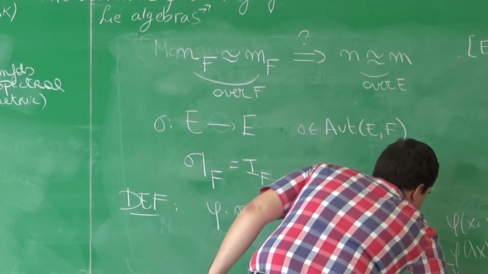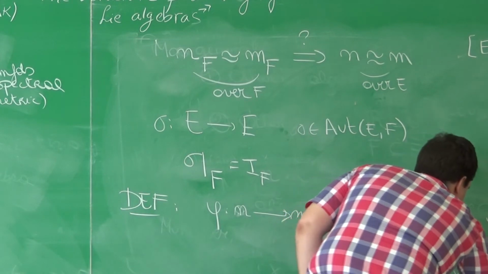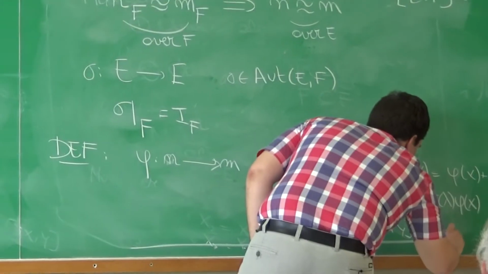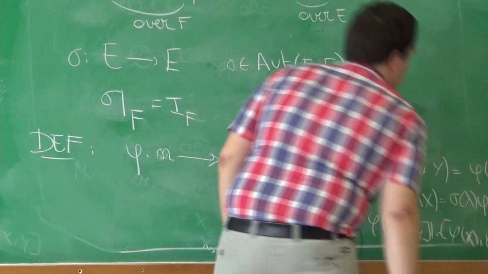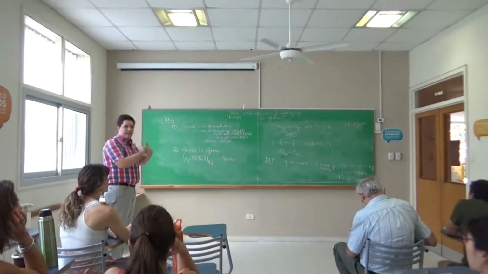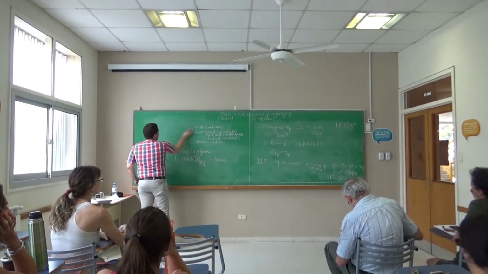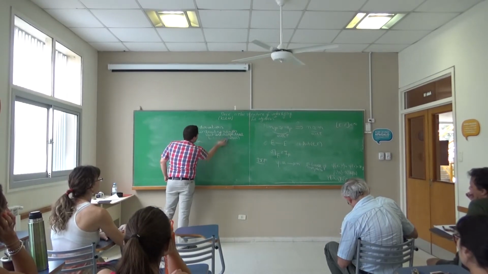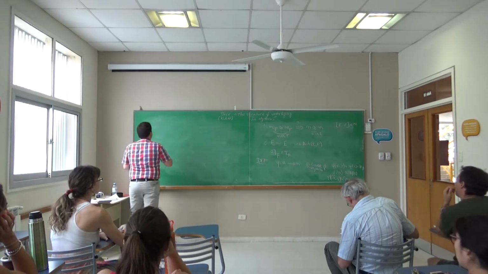So phi of the bracket of x and y is the bracket of phi of x and phi of y. It behaves entirely like a Lie algebra morphism, except that it's not linear, it's sigma linear. And then you can also talk about sigma isomorphisms.